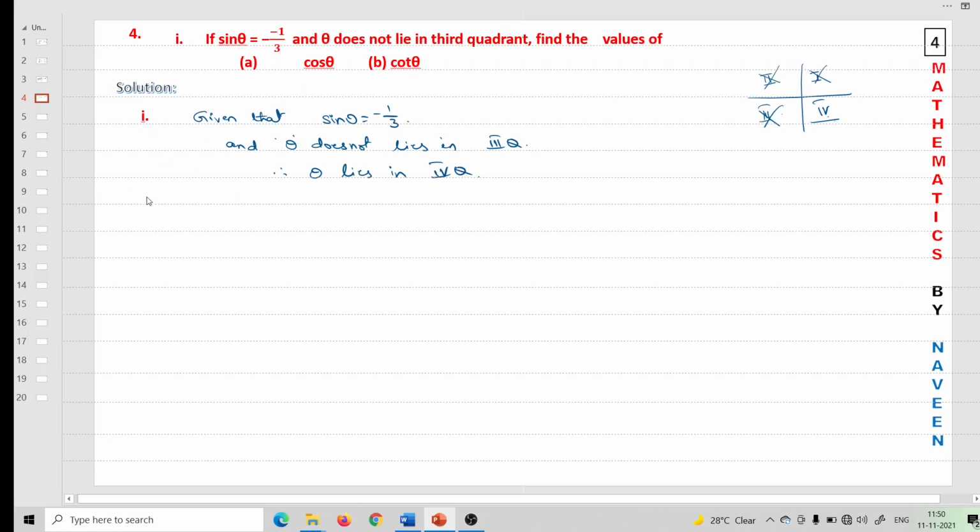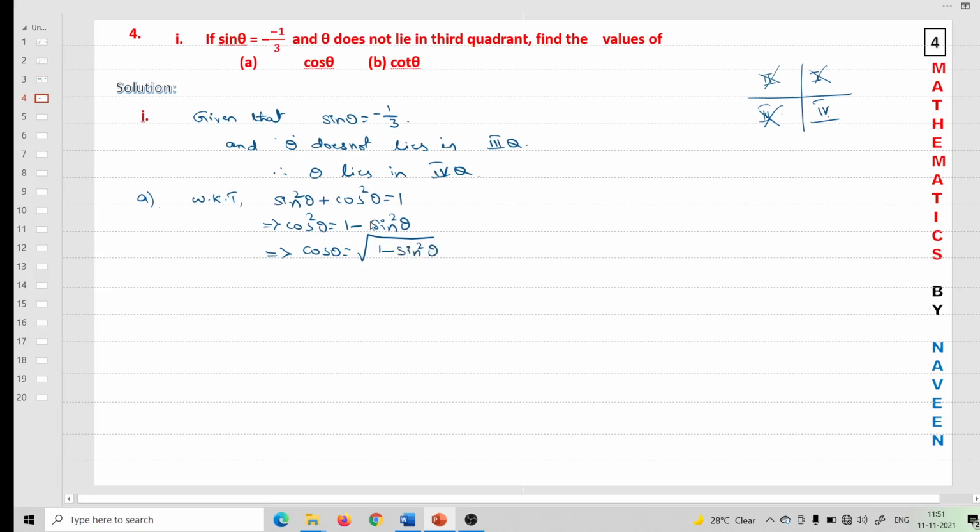In that first one, I am finding cos theta value. We know that the identity includes sine. What is the identity? Sine square theta plus cos square theta is equal to 1. I am finding cos value from here, so cos square theta can be written as 1 minus sine square theta. That implies cos theta can be written as square root of 1 minus sine square theta.